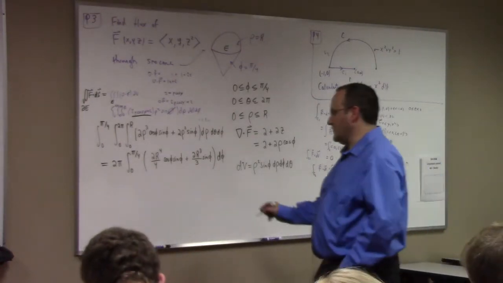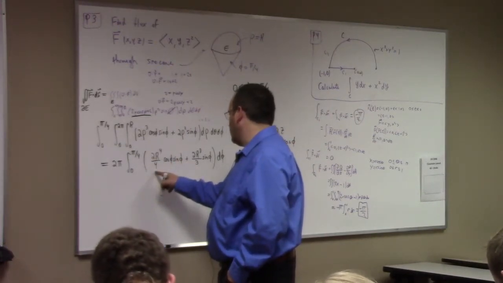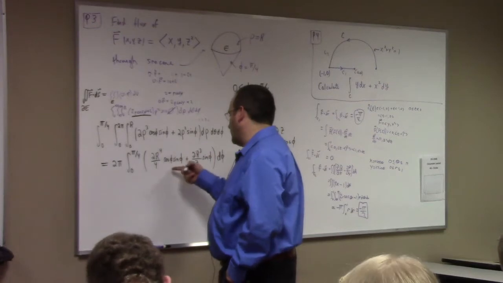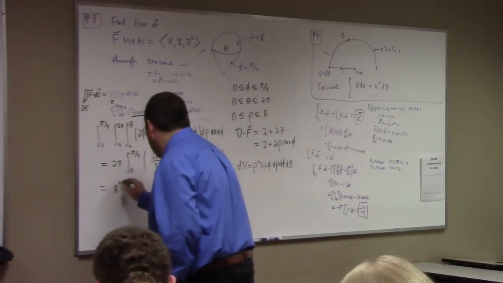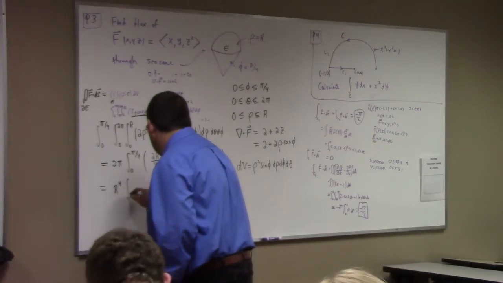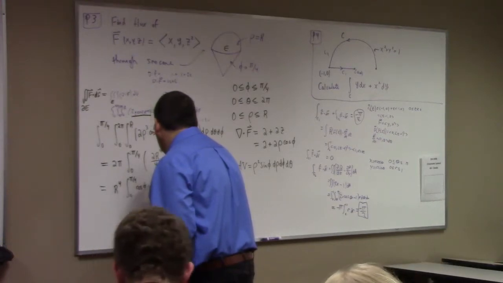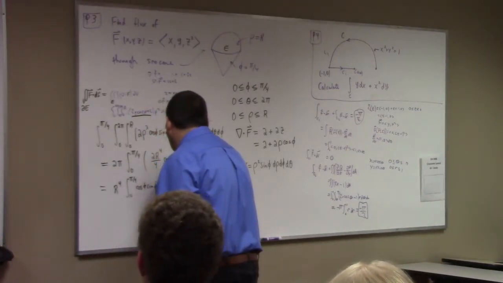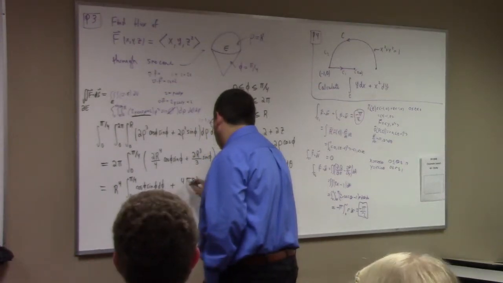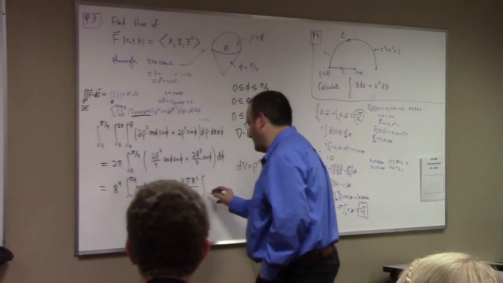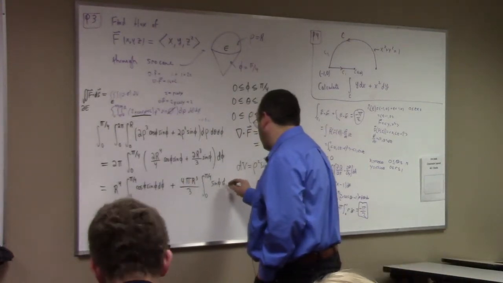We've got to do these integrals, so what do we got? R to the 4th, integral 0 to pi over 4, cosine phi sine phi d phi plus 4 pi r cubed over 3, integrate from 0 to pi over 4, sine phi d phi.